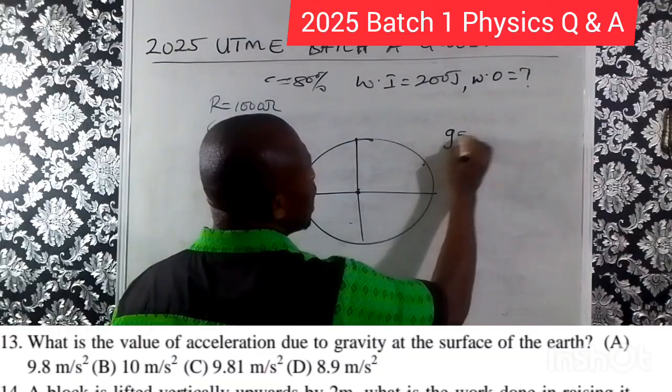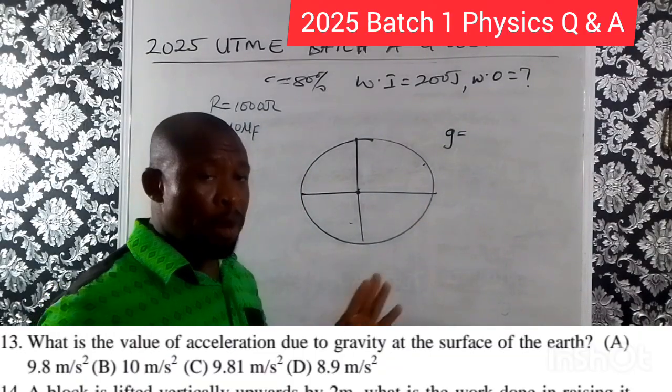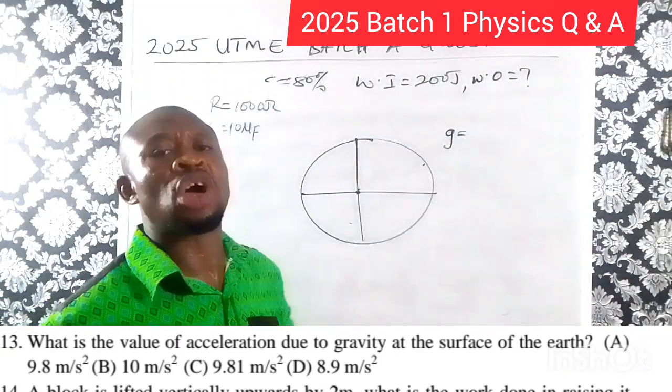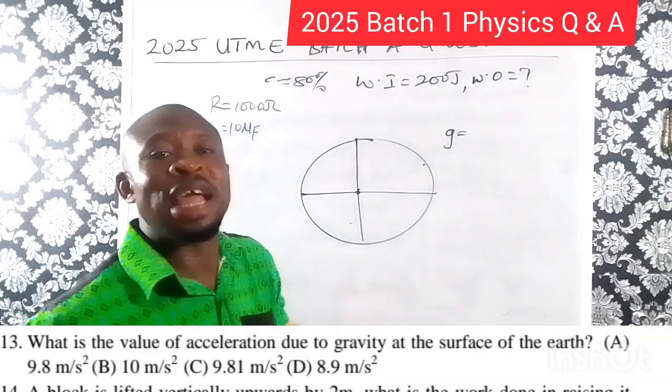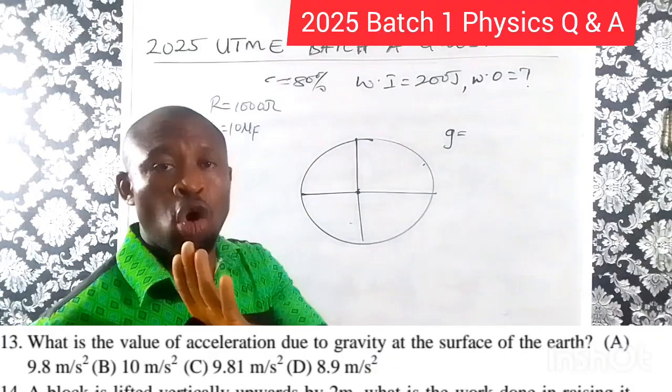Because of that, we say that the acceleration due to gravity varies from place to place on the surface of the Earth. Now there are options given to us there, and most times they give us 9.8. Please, do not choose 9.8 only.